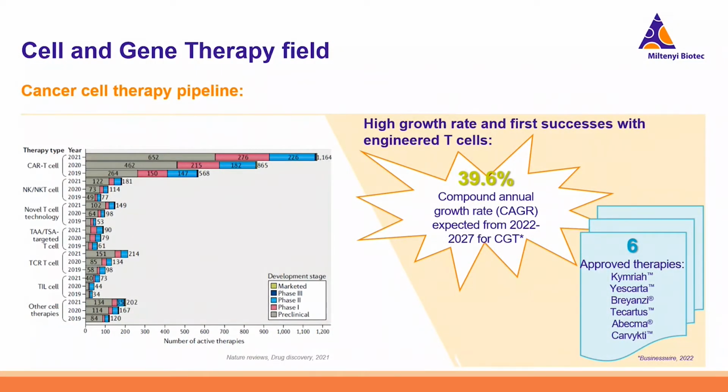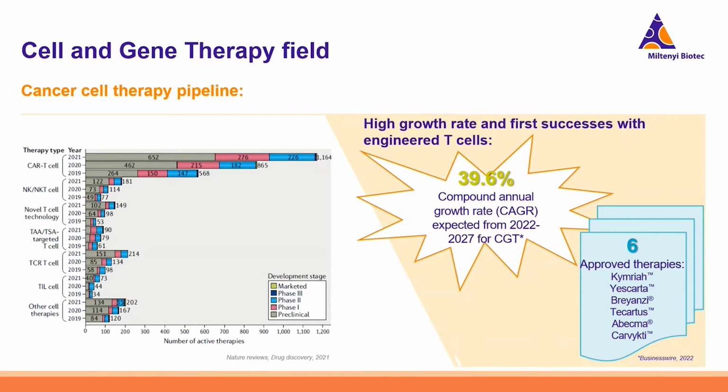So this is something we've already seen in the first part, just to quickly review. There's a huge pipeline for cancer cell therapy products coming up, a huge amount of new products in preclinical and also in clinical phases. However, when you think about how many made it onto the market, it's just 6.